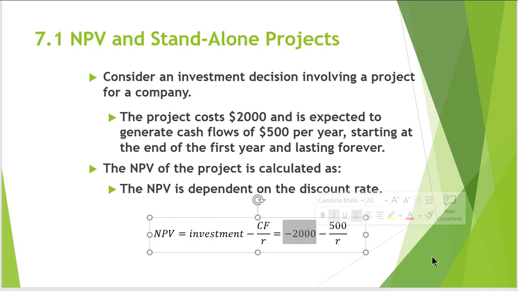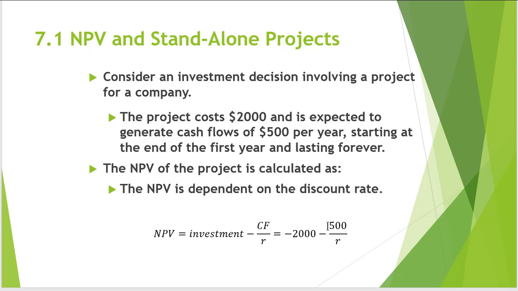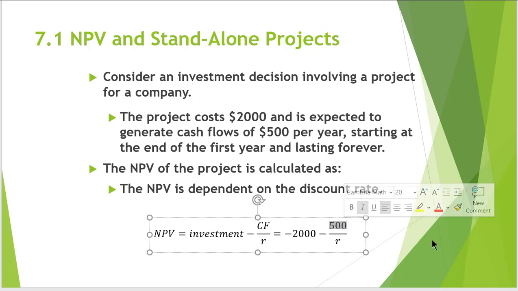It shouldn't be something that is forecasted. You know what things cost. The next thing we have to look at then is the cash flows. Now, these are obviously forecasted. We think they're going to happen in the future. It's what we have predicted through looking at other projects, looking at our history, etc.